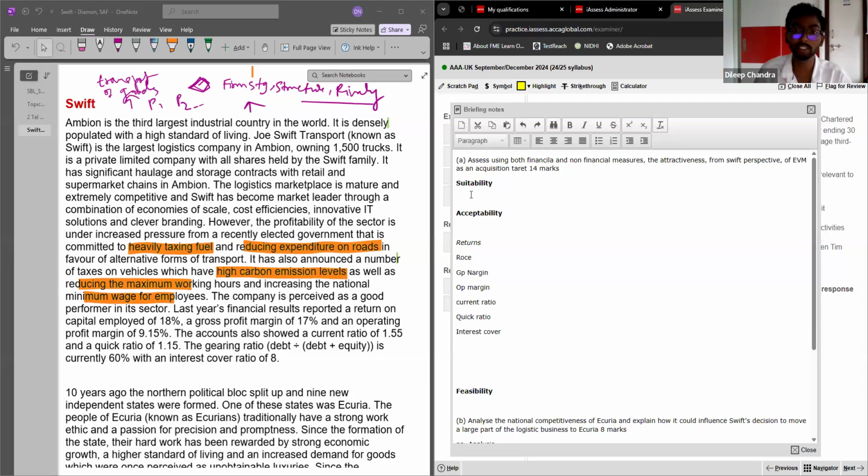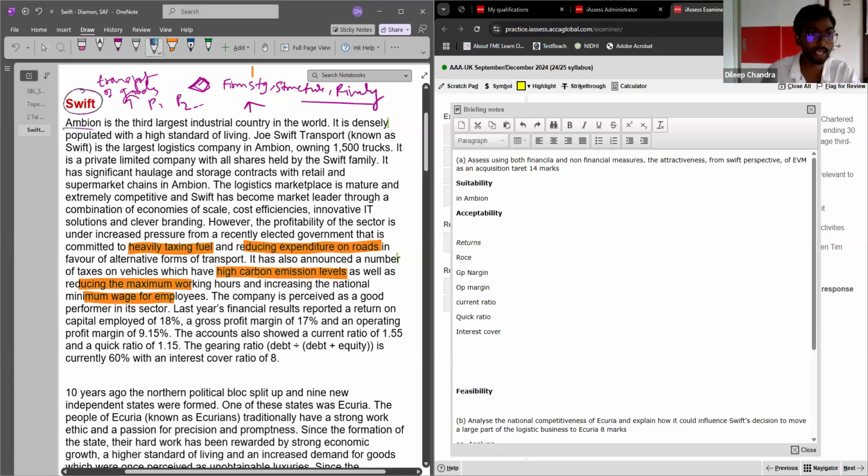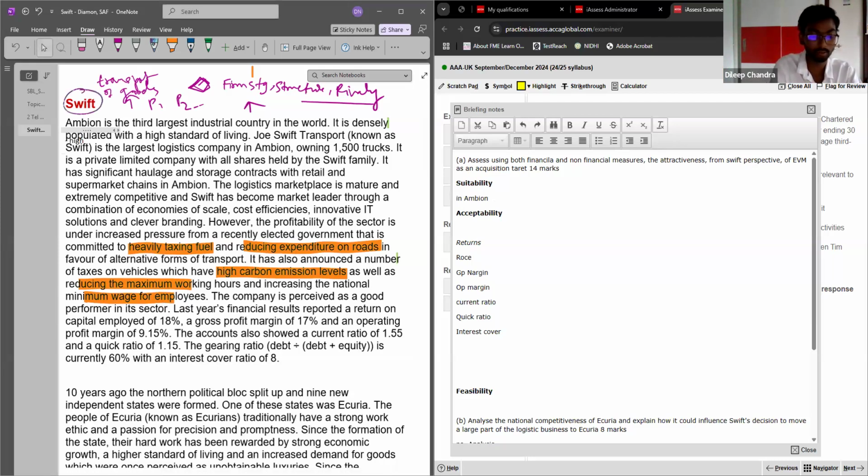So I will use that information over here in suitability. So for now, I'll say in Ambien. What is Ambien? Ambien is the name of the country in which SWIFT is currently operating. So in Ambien, high fuel tax.